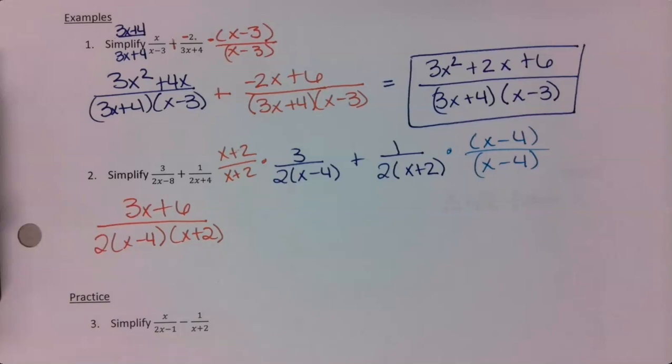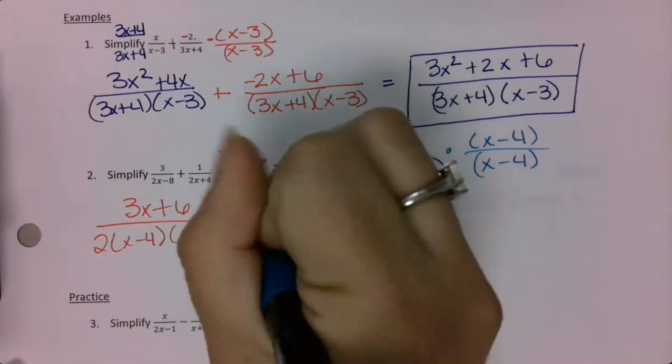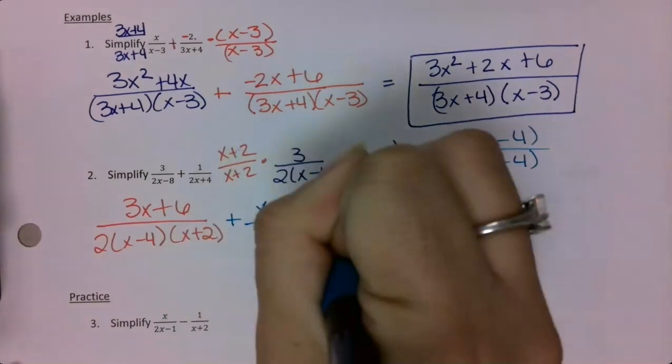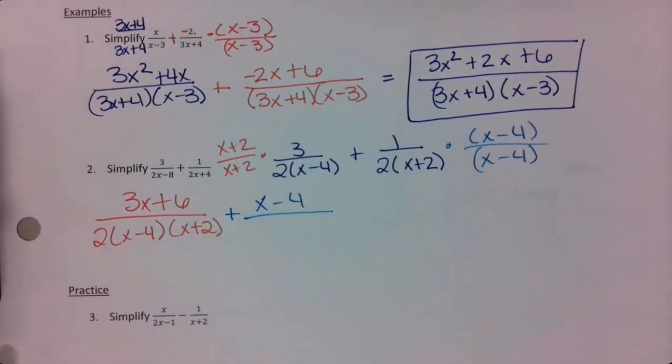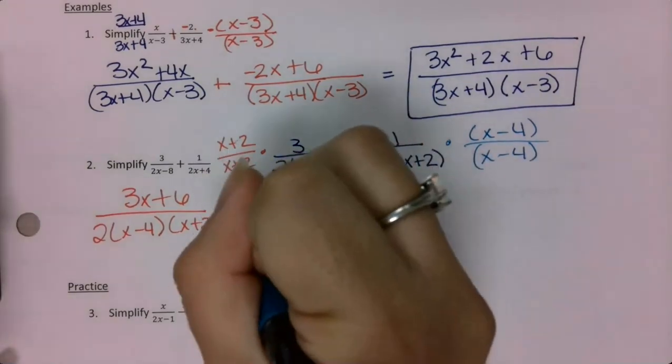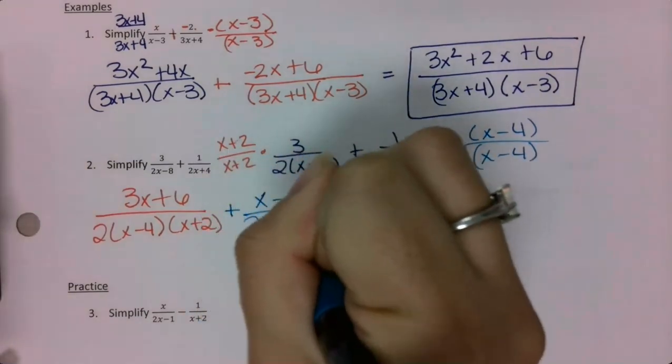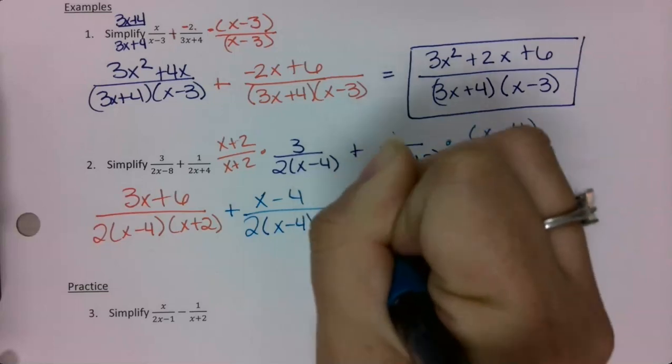Okay. So 1 times x minus 4 is x minus 4. My denominator is going to stay the same and factored. 2 times x minus 4 times x plus 2.